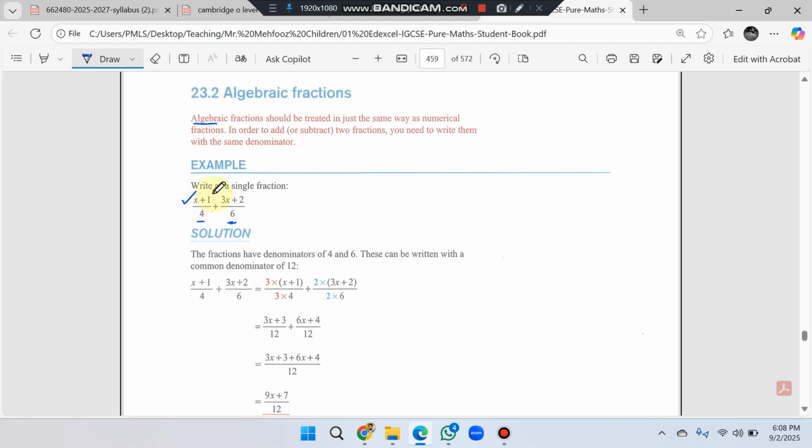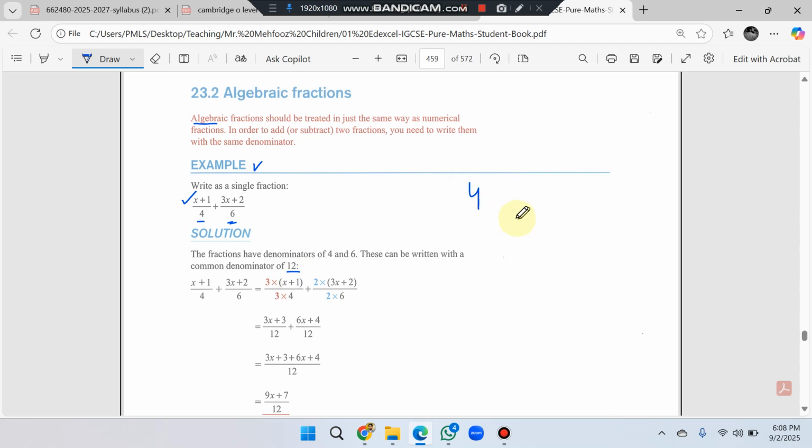In this example we have (x + 1)/4 + (3x + 2)/6. The fractions have denominators of 4 and 6. These can be written with the common denominator 12. How?